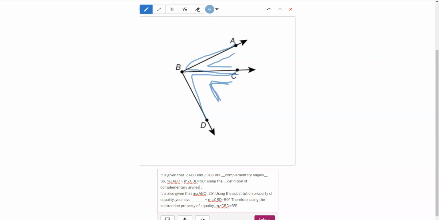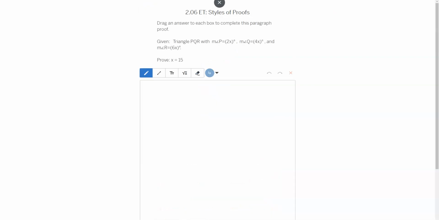You have the measure of angle ABC as 25 degrees. Let me put that in there. Plus the measure of angle CBD as 90 degrees. Therefore, use the subtraction property of equality, and you prove that measure angle CBD equals 65 degrees.